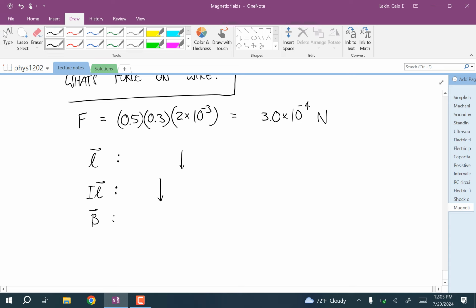The magnetic field vector is into the page. And so our V1 is down. Our V2 is into the page.